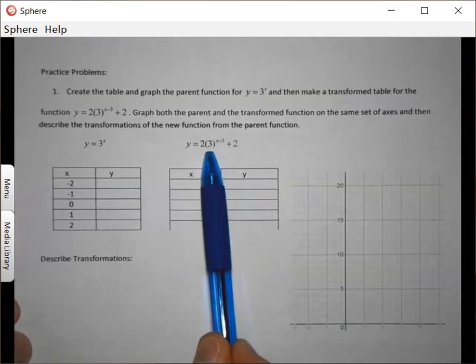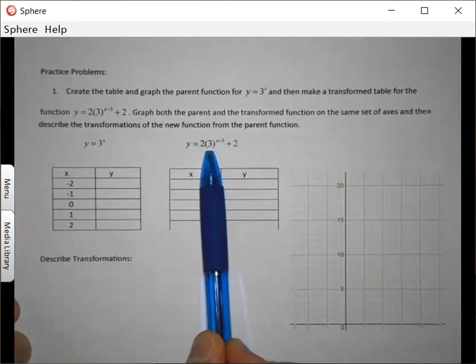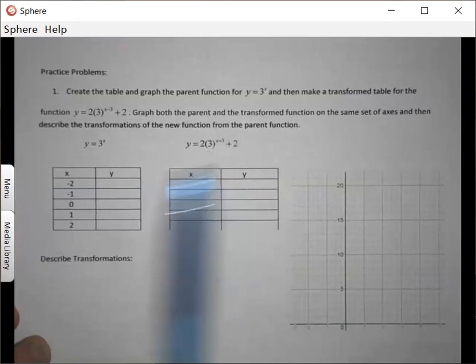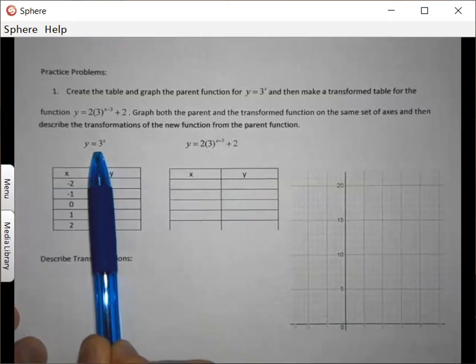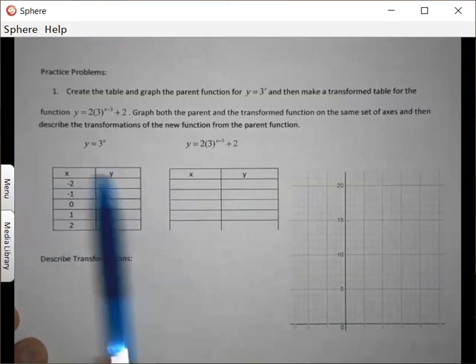Because this has a base 3, we cannot use the parent function we made. The parent function we made at the beginning was base 2, so that will not work. So we have to make a new parent function for base 3, and then use this to find our transformation.